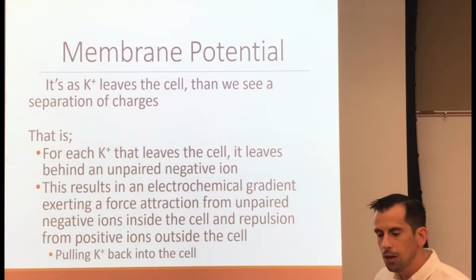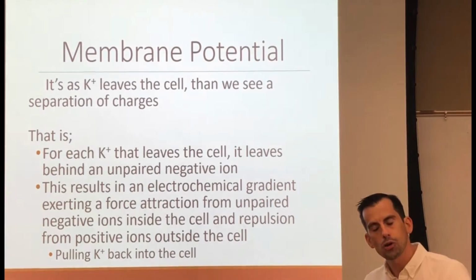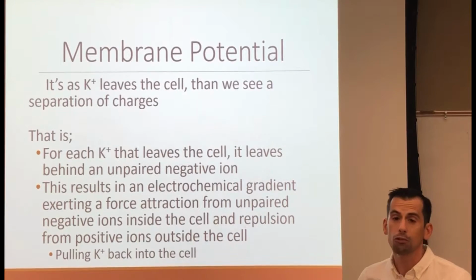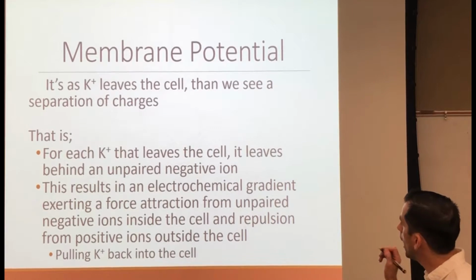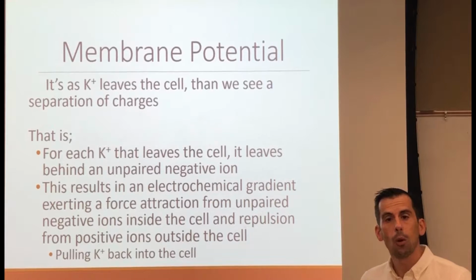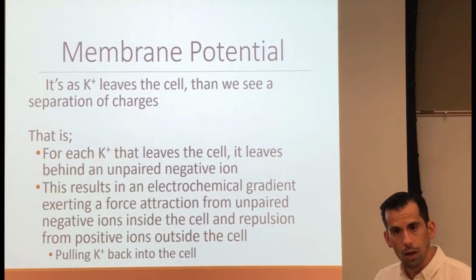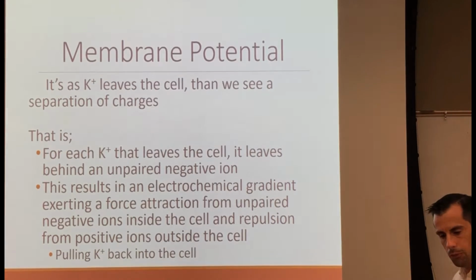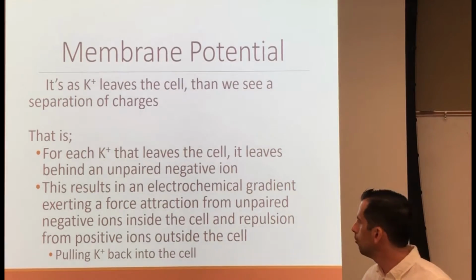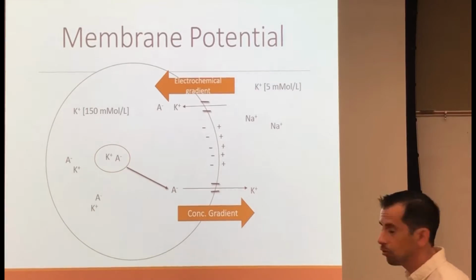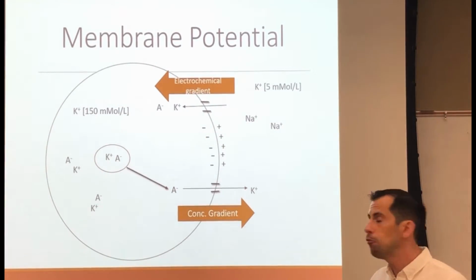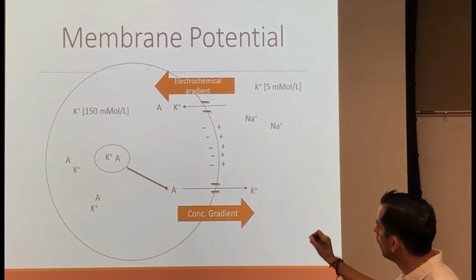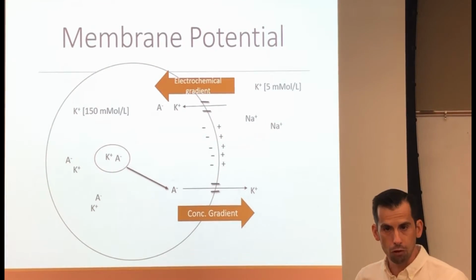So as we see potassium leaving the cell, it creates another problem, or at least another scenario. Remember, we had all of those negatively charged amino acids inside the cell. And we know that positive and negative charges like to attract. So for every potassium that we see leaving the cell, it leaves behind now an unpaired anion, a negatively charged ion.